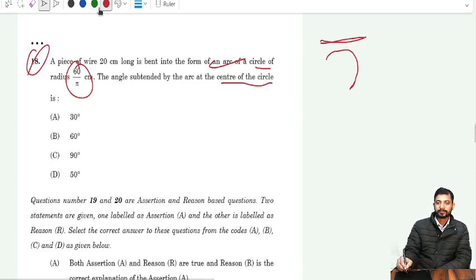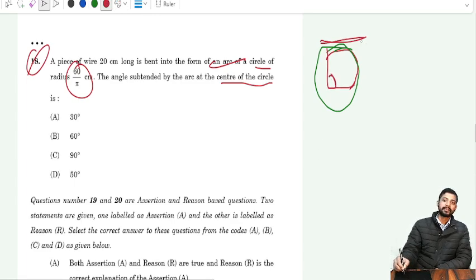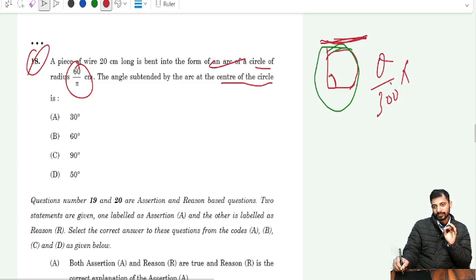Let's suppose that this is a circle and this red part is the arc. So this arc makes some angle here. You have to find the angle. So the length of the wire is equal to theta upon 360 into 2 pi r.